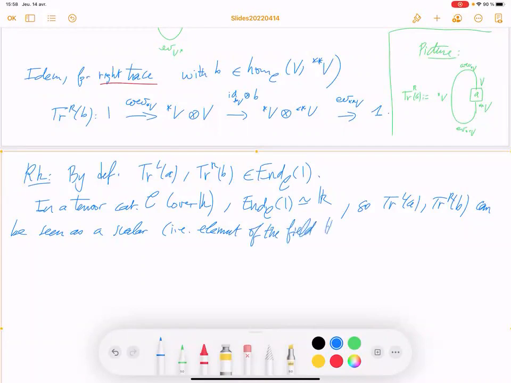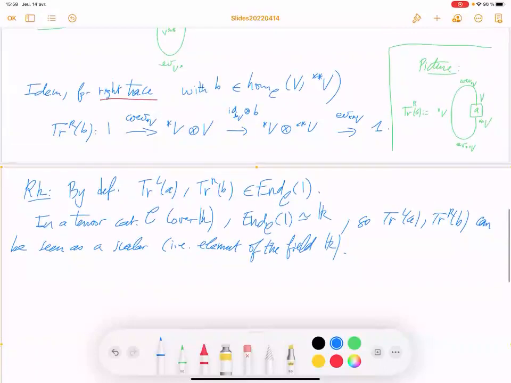And this is fundamental. For example, for a categorification problem, we reduce to solving the pentagon equation, and the variables are F symbols, and these F symbols are, in fact, elements here. So they are scalars, they are elements of the field.